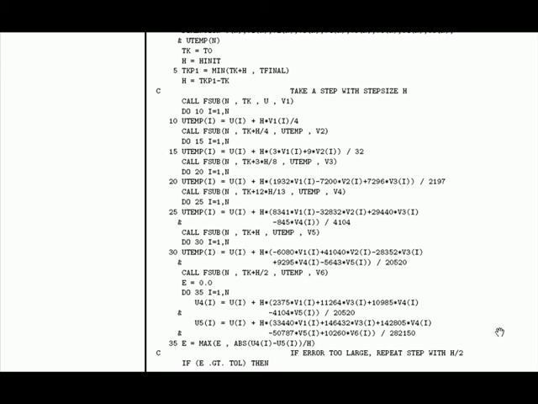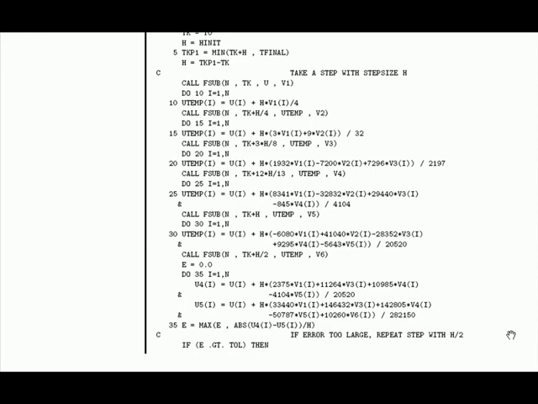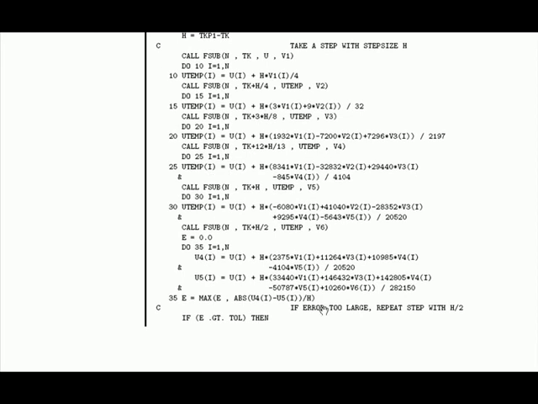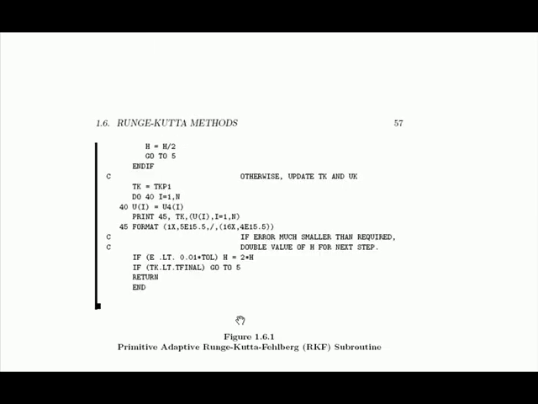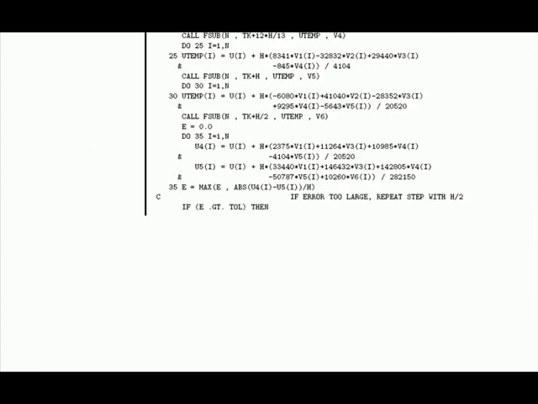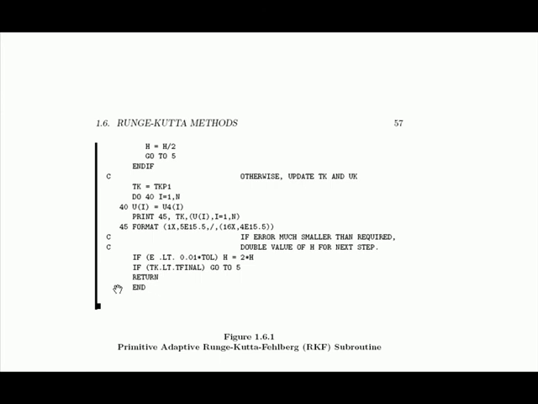If, however, the 2 different methods disagree... You see, here E is the difference between the, actually, fourth order and fifth order Runge-Kutta methods. If it's greater than the user supplied tolerance, it cuts the step size by half and goes back to the beginning, not the beginning of the whole problem, but the beginning of the step, and tries again.